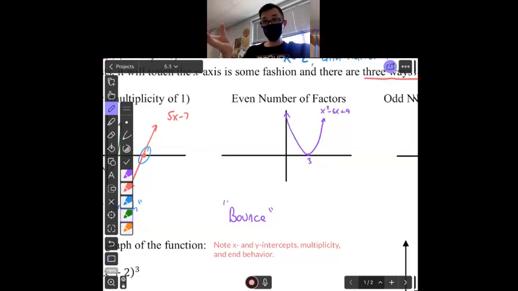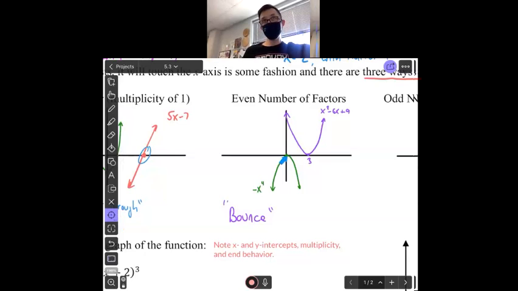If I make it negative x to the 4th, it's just going to flip it upside down, but it's going to touch right there at 0, 0. So that could be what negative x to the fourth would look like. There would be 4 answers to that, they would all be 0. So that 0 has 4 roots there, but still is just a bounce.